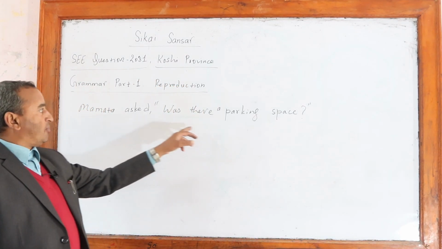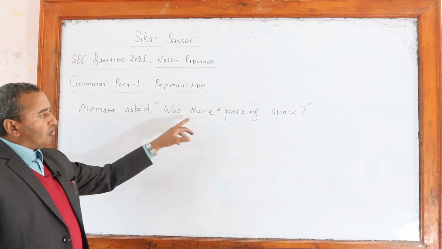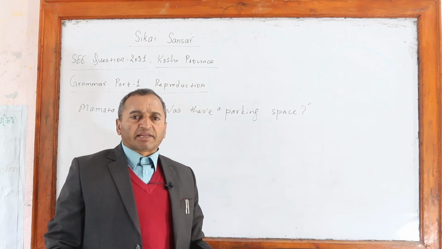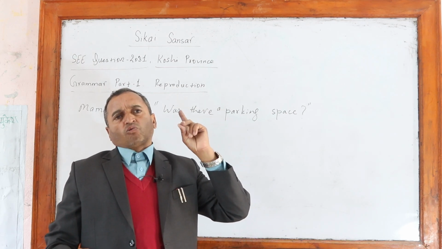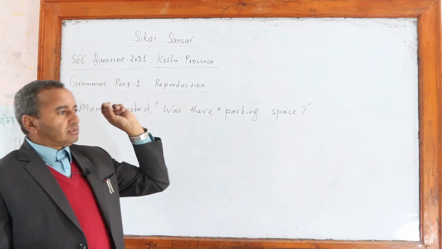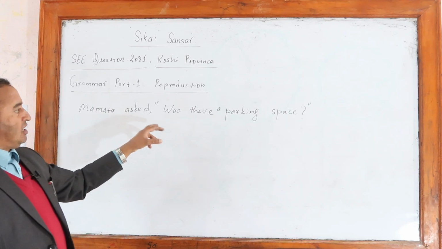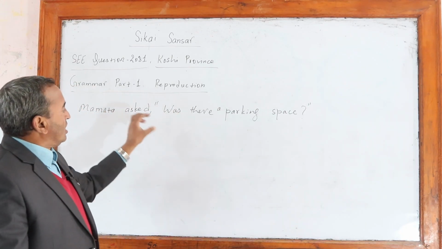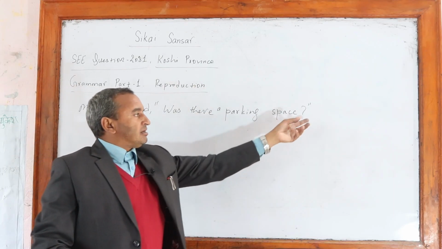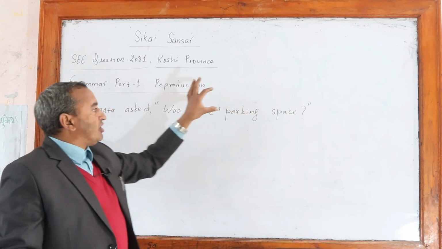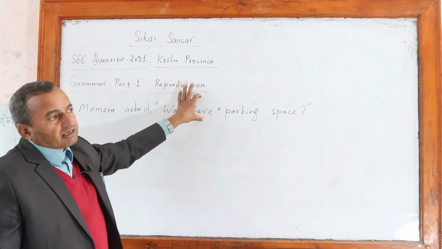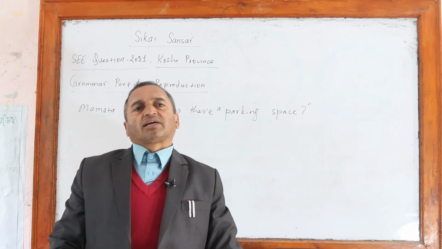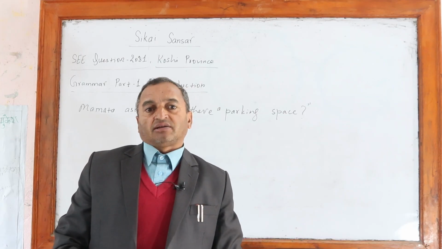As we can see on the board, Mamata asked, "Was there a parking space?" It is direct. Why direct? Because whatever words Mamata uttered are written here within double inverted commas, right? Direct means what the speaker directly told, what the speaker directly expressed.